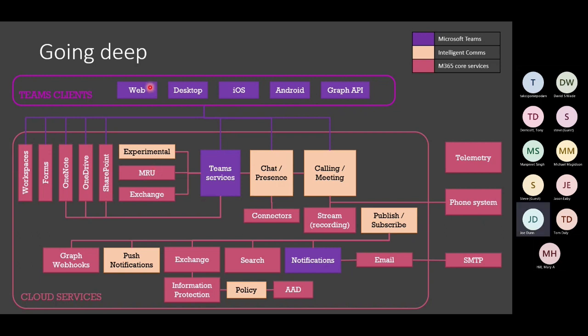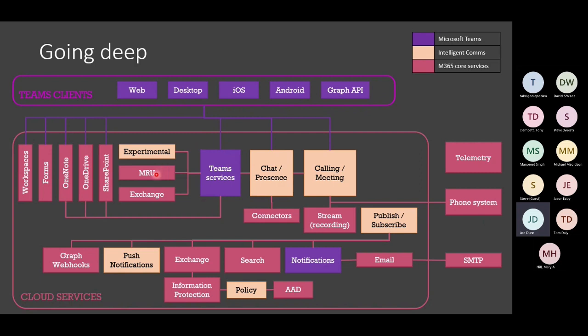For instance, when you add a file to a chat in Teams on your desktop, it's going to split things up so that the chat goes through the connectors and ends up in Exchange. The files are going to get shoved over to SharePoint for a team post in a channel. For a chat, those files are going to go over to OneDrive, and Forms and other workspaces and all the rest.